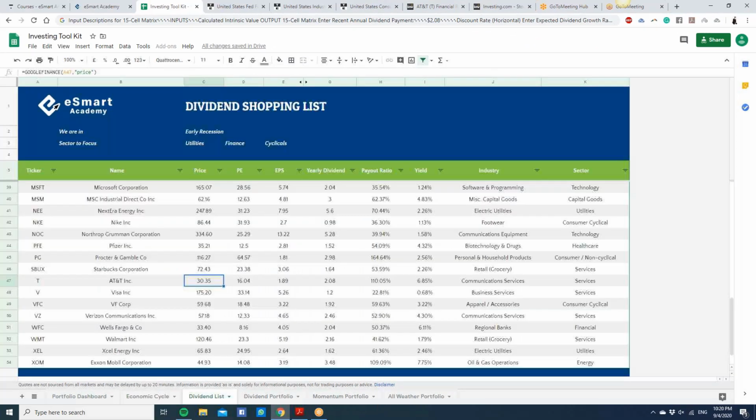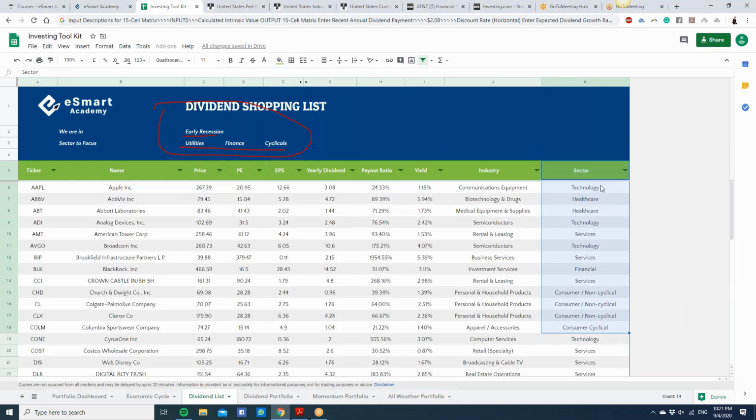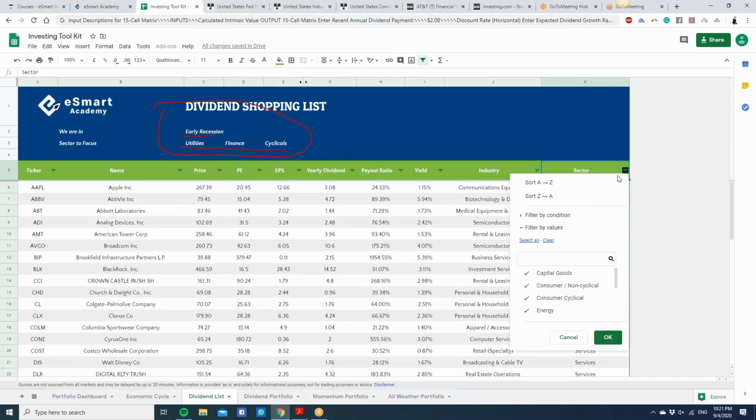You go back to the shopping list, which is again automated. You'll see that we are in early recession, and these are the sectors to focus on. So how can we do it? On the right hand side you can see sector, and I've done the filtering.